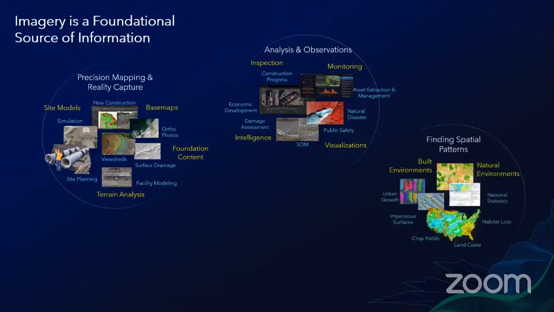And also they're able to use imagery to identify spatial patterns that help them understand the natural and built environment. So here we'll be talking about urban growth, crop yields, land cover, habitat loss, and many others.